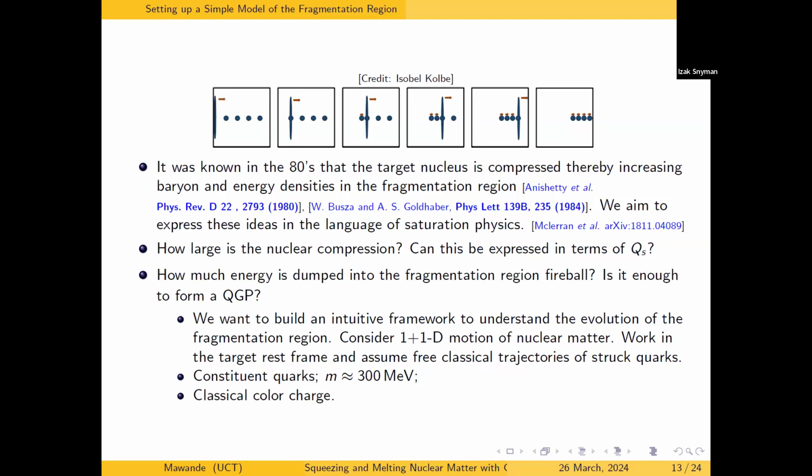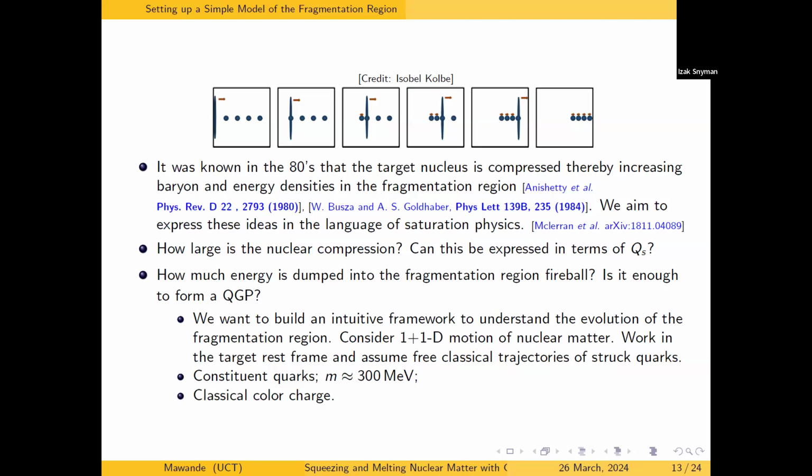Then you need a different description. One of the nuclei is the color glass, and for the other you need a different description. What we do is very simple.